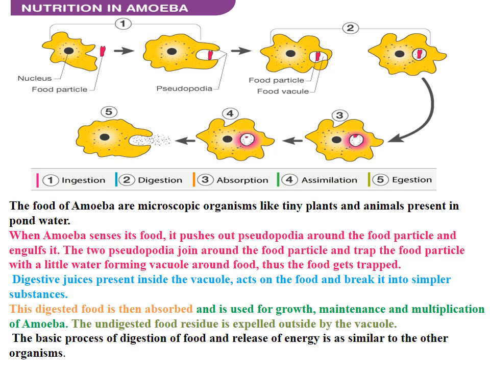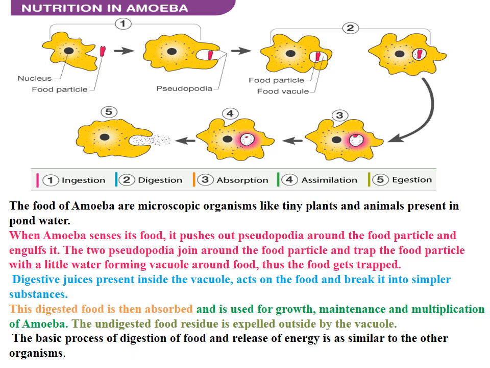The digestive juice present inside the vacuole acts on the food and breaks it into simpler substances. As you know, in digestion, more complex food is transformed into simpler food. That's why digestion is easy. Digestion cannot take place with complex food, so it must be broken down into simpler substances, then it can be easily digested by the body.